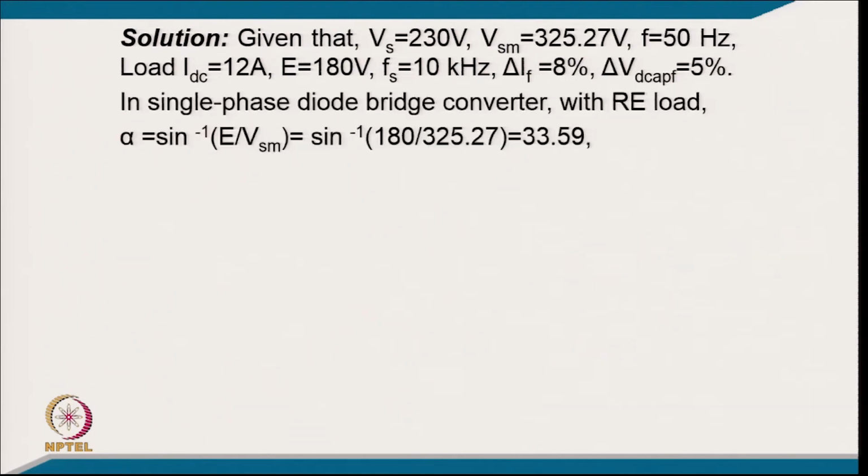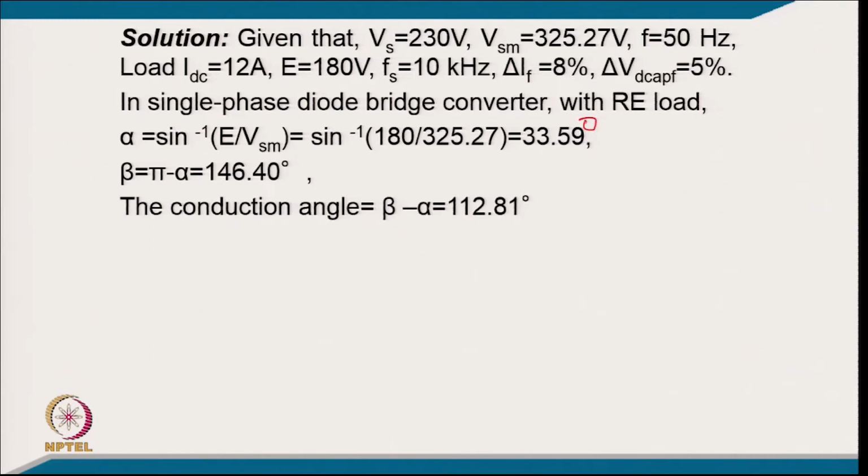In a single phase diode rectifier with RE load, we can calculate the conduction period: the alpha at which you start conducting from this relation. It is 33.59 degree, and then beta, that is pi minus alpha, is 146.40, and the conduction angle, the difference of these, is 112.81.